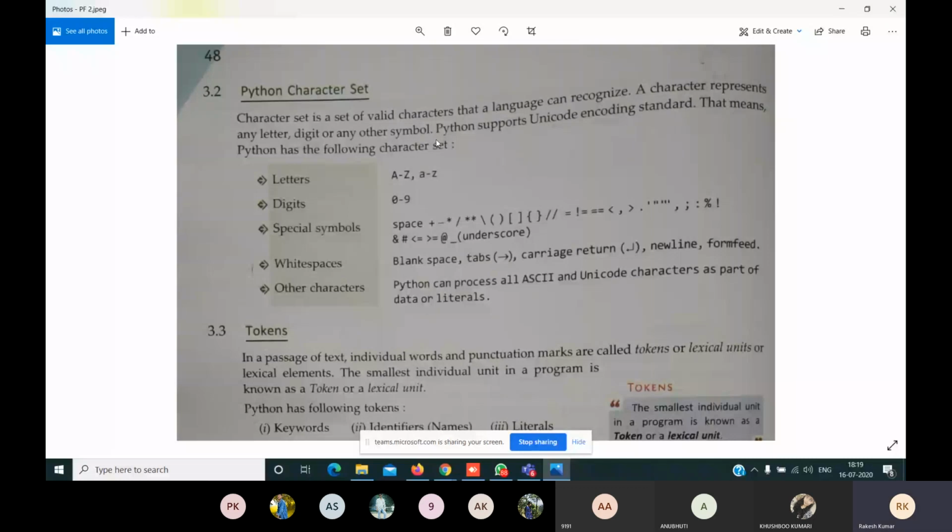In Hindi, ka kha ga gha. In English, ABCD. So a language has already defined which alphabets and characters are recognizable in that language. So Python also has its own character set.